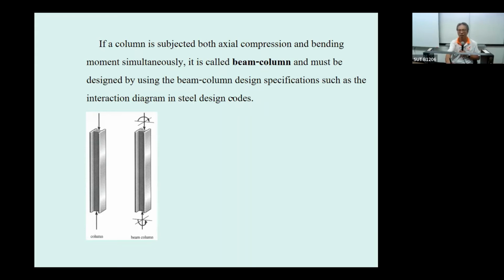Okay, now go to another kind of column. It's called the beam column. A beam column is a kind of column that's subjected to both axial load and moment. The design of a beam column is separate from the design of a column.